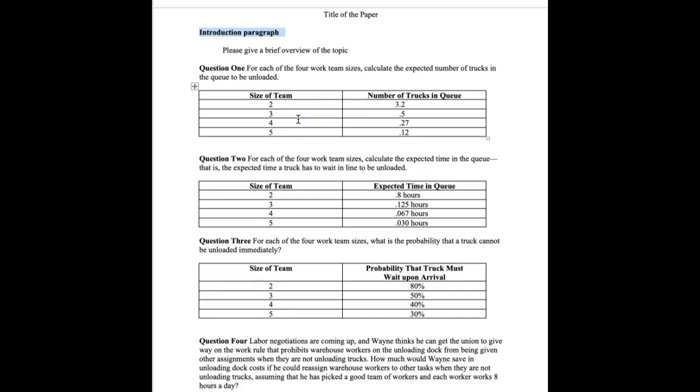It's actually incorrect. You don't need that header. You just need the title of the paper and then go straight into your introduction paragraph. If you're leaving it, it's not that big of a deal, but just so you know that it is there. Here you have question 1. Should that be your header? I just put this in there for you to look at.